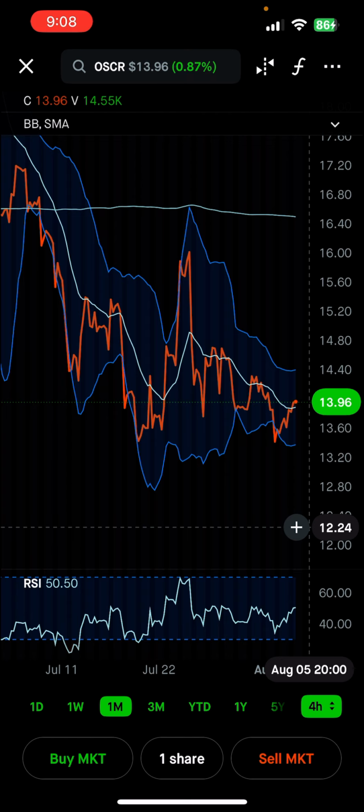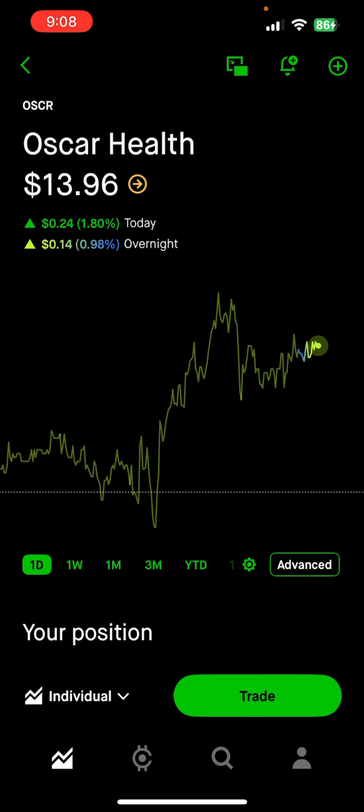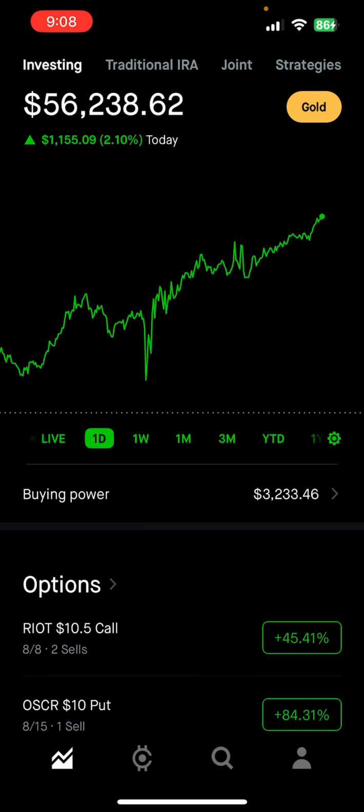I even set my notifications so that I get notified if a stock goes out of one of these ranges. So just to recap everything, we have delta, which goes over your probability and your risk gauge. And then you have IV, which tells you your payday.